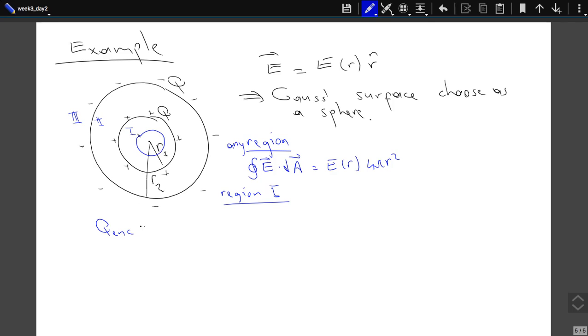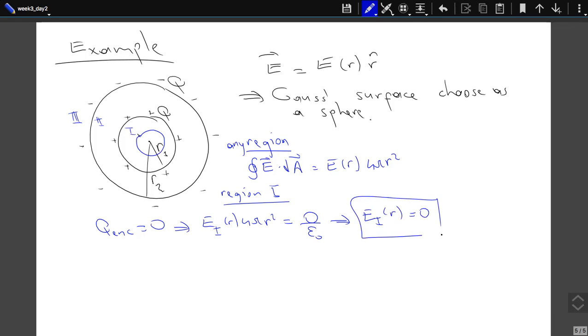There is no charge. So the electric field in region 1 times 4 pi R squared will be 0 over epsilon 0, and hence the electric field in region 1 is just 0. Again, based on our shell theorem, the electric field in this region should be 0 because it is inside two spherical shells.